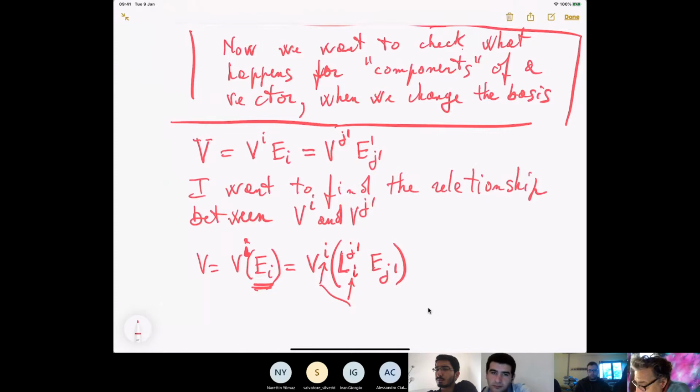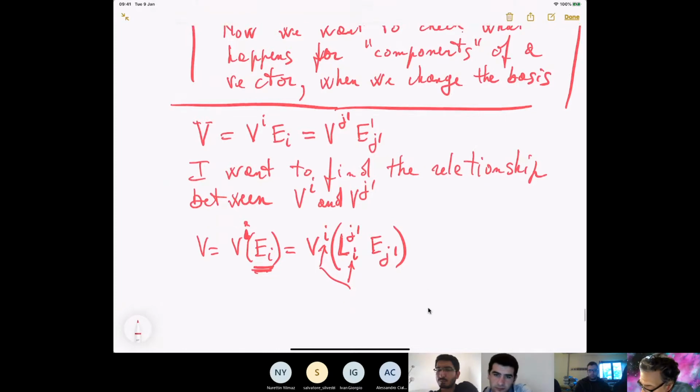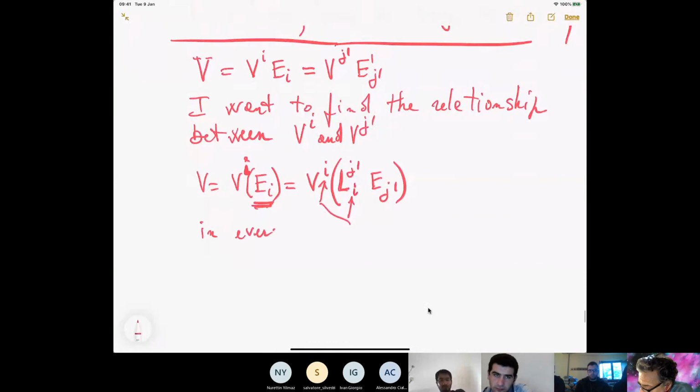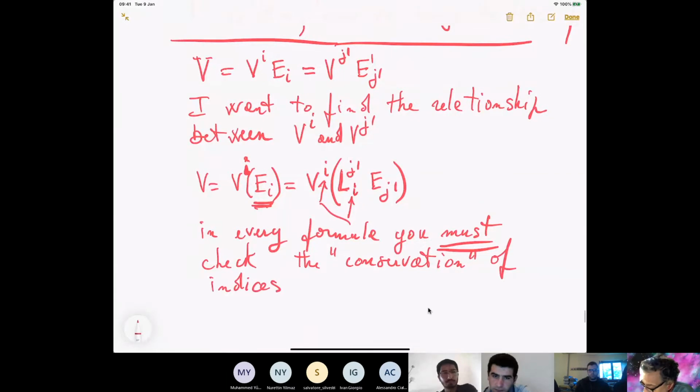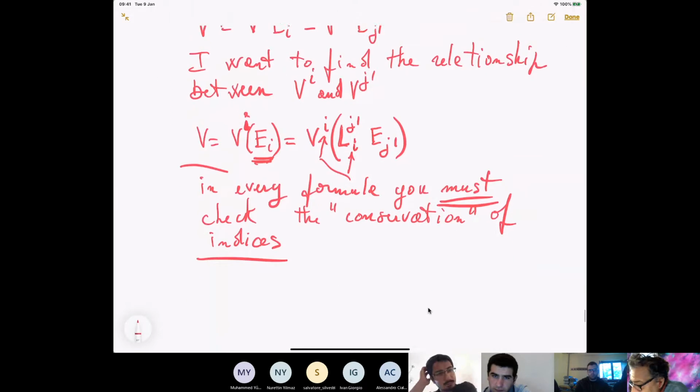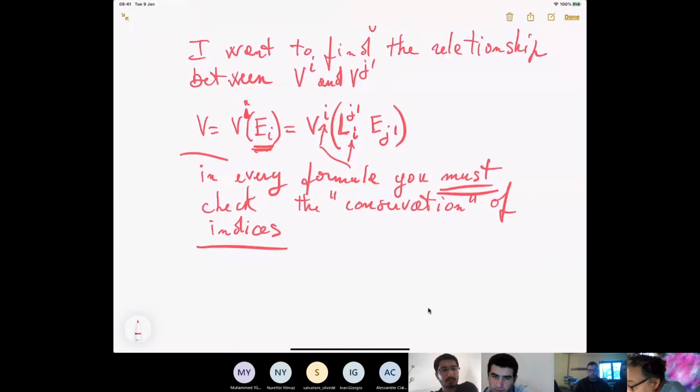So in every formula, you must check the conservation of indices. This is a standard trick for checking carefully what you are doing.